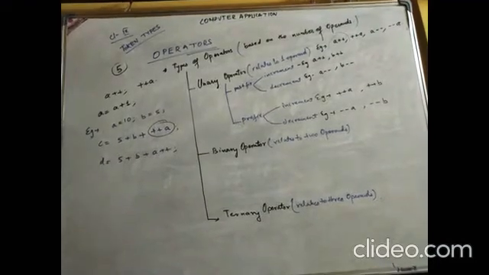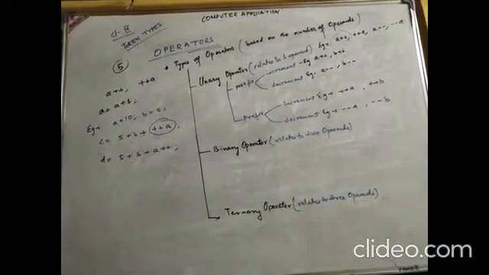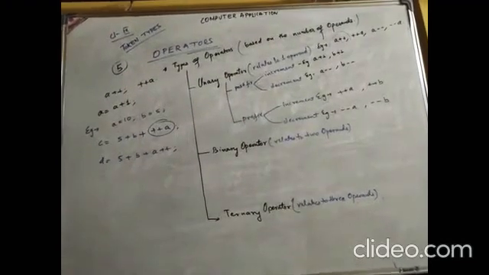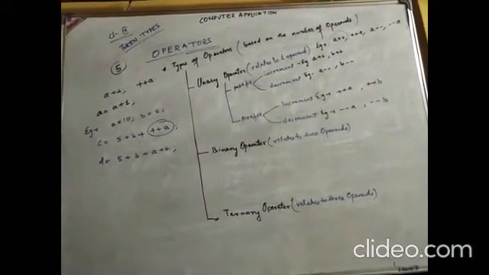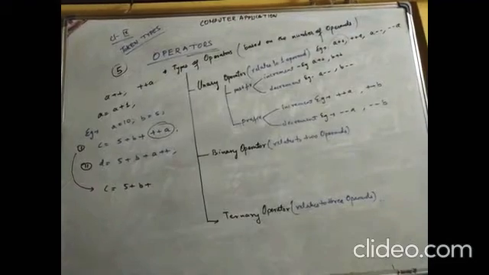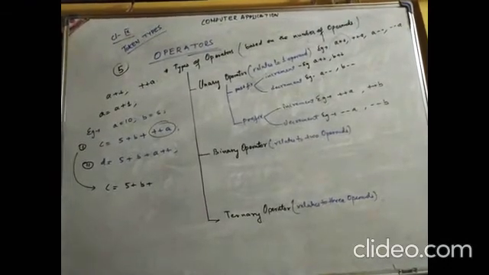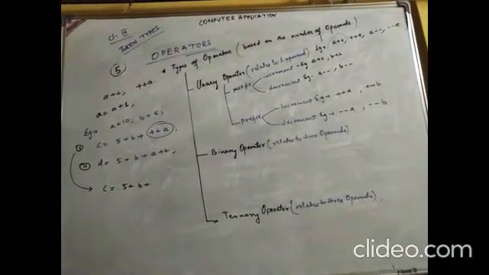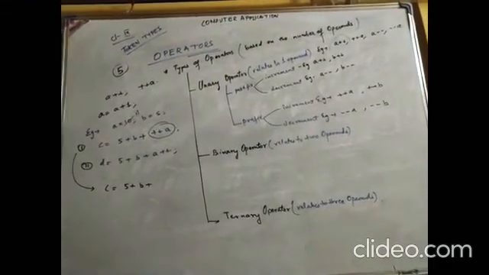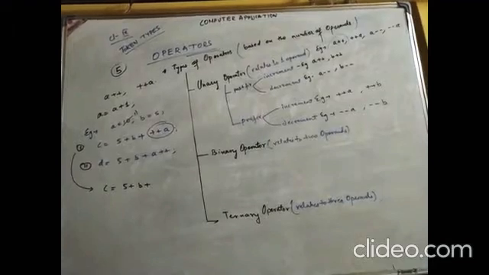So c will be equal to 5 plus b plus plus plus a, meaning the value of a will increase by 1. Now what do you write in place of plus plus a? First, a is 10, I will increase it by 1. It means 10 will change to 11, because before the variable we have plus plus, so we have to increase the value by 1.